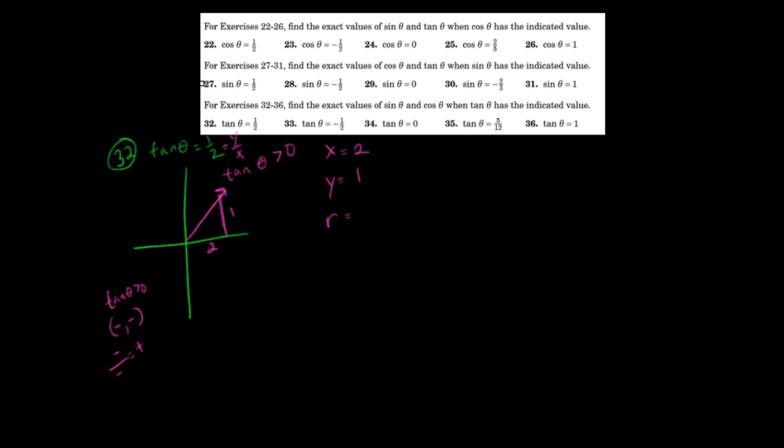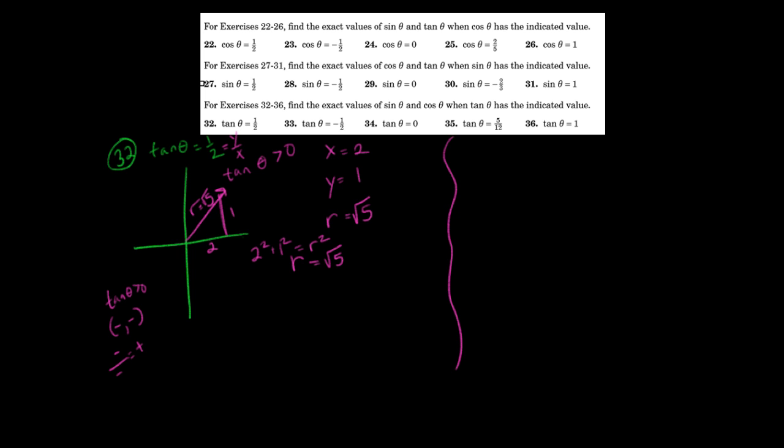And what is the hypotenuse? Well, 2 squared plus 1 squared equals r squared. That's r, remember. So r is equal to the square root of 5. 2 squared is 4, plus 1 is 5. So root 5 is our side here. So that's on the positive side.